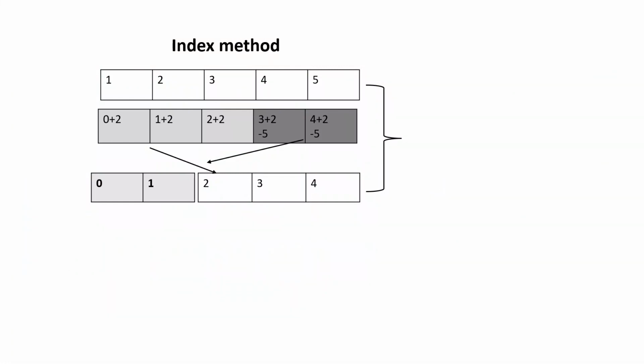Suppose the value of rotation is 2, and we are going clockwise. Then the 0th position will go to index 2, and the indexes will be 2, 3, 4, and the next ones will go out of the array length, so we subtract the array length so they come to 0 and 1. That should be the expected result, right? Now let's code it.